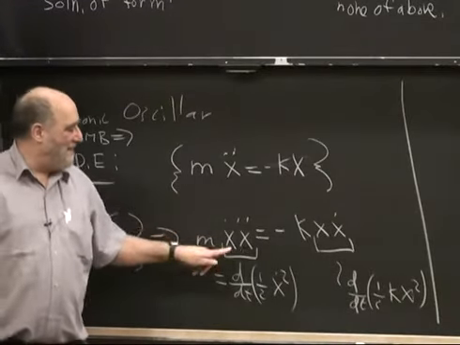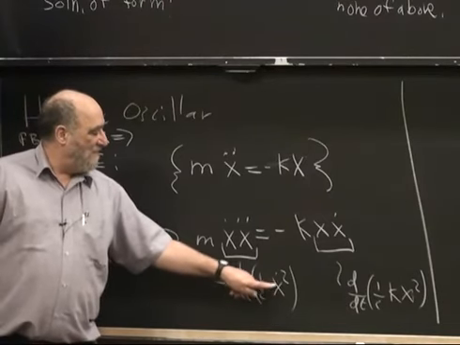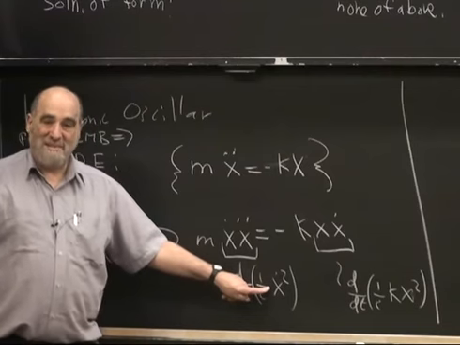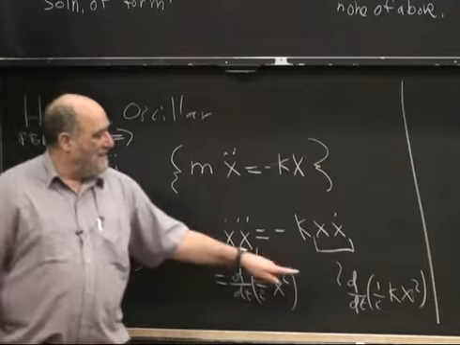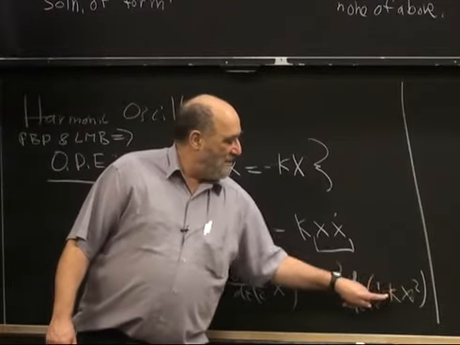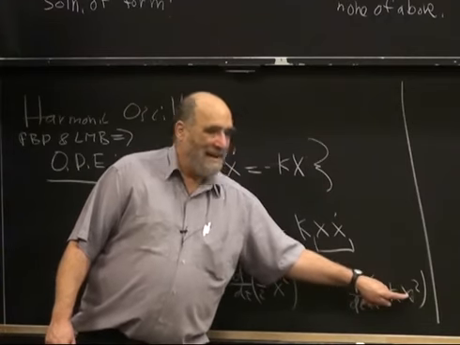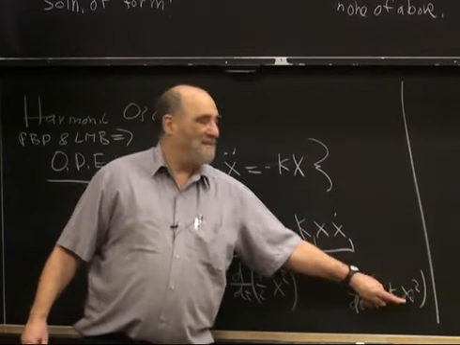You multiply by x dot, and you notice this fact. Why is this fact true? If we differentiate this, we get 2x dot times the derivative of x dot with respect to t, which is x double dot, the 2 and the 1/2 cancel, and we get this. Same idea right here. Take the derivative of this, we get 2kx, multiplied by half is kx. Then we have to use the chain rule, times the derivative of x with respect to t, so times x dot.